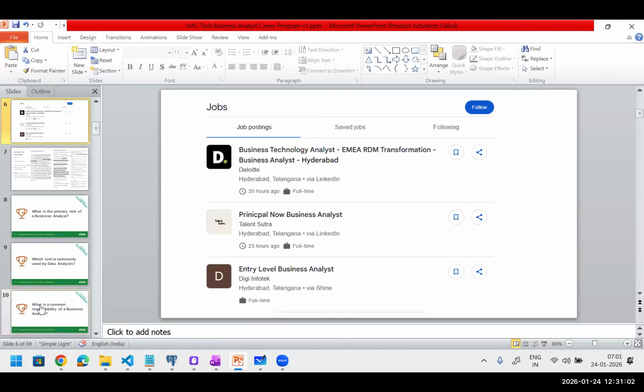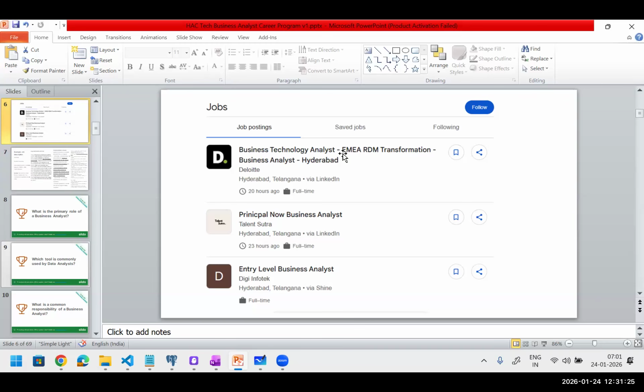Right. So this is from just 20 hours back, quite recent. I made a search for what the job description is and what jobs are available for a business analyst. I see the first one is Deloitte, a business technology analyst.